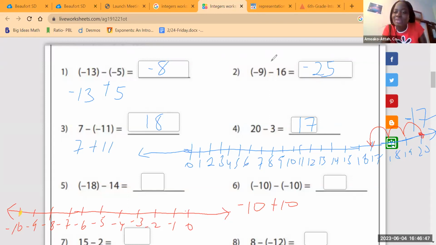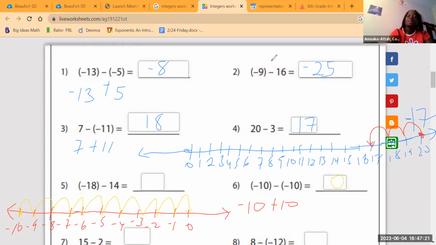Now the minus minus becomes plus, so I move forward 10 steps or 10 jumps. So let's go. 1, 2, 3, 4, 5, 6, 7, 8, 9, 10. Excellent. Where did you land? We landed on the number 0. So this is giving us what? 0. Is it difficult? No. It is so simple. So I'll leave you here to practice more examples on your own.